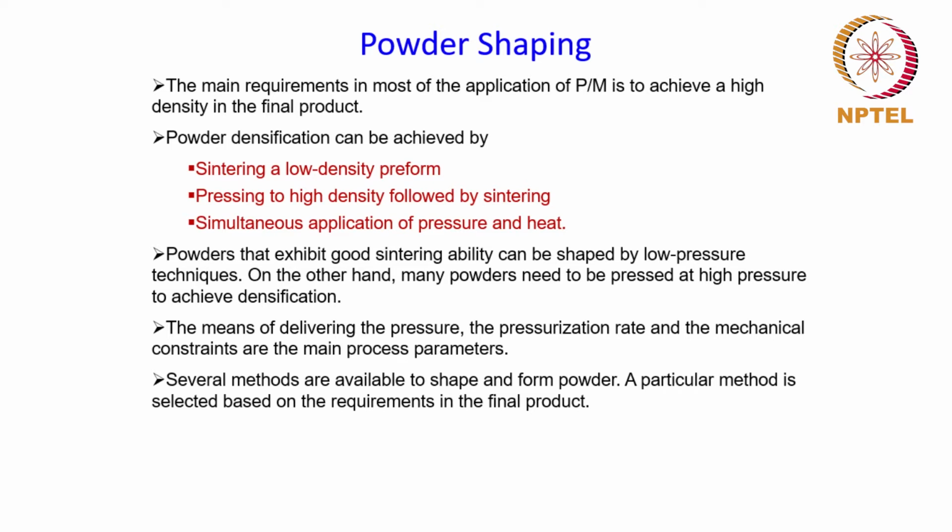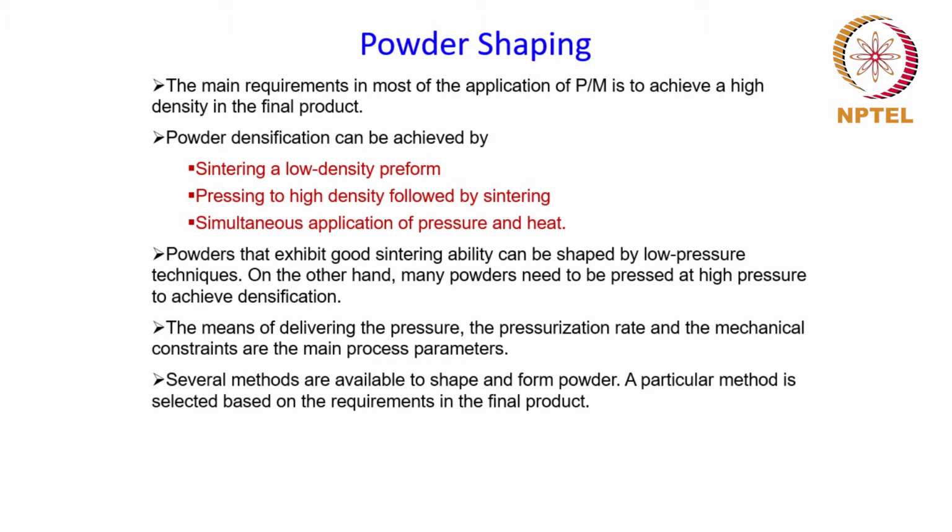And then the pressure and the heat can also be applied simultaneously to densify the powder. So in the previous two cases, it is first compacted by applying a pressure, and then whatever porosity is left behind in the green compact, as we call it, is closed by the sintering process.